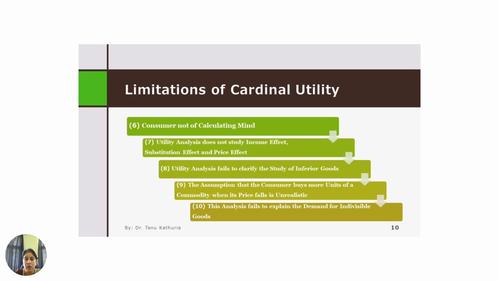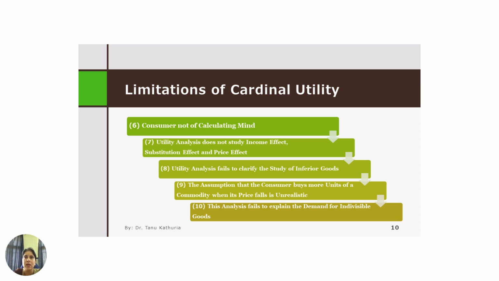Coming back to the more limitations, the consumer is not of calculative mind. I cannot say that my utility has reached its maximum, so I should not consume more, because I cannot keep on calculating how much utility I'm getting out of this consumption. Utility analysis does not study income effect, substitution effect, and price effect.